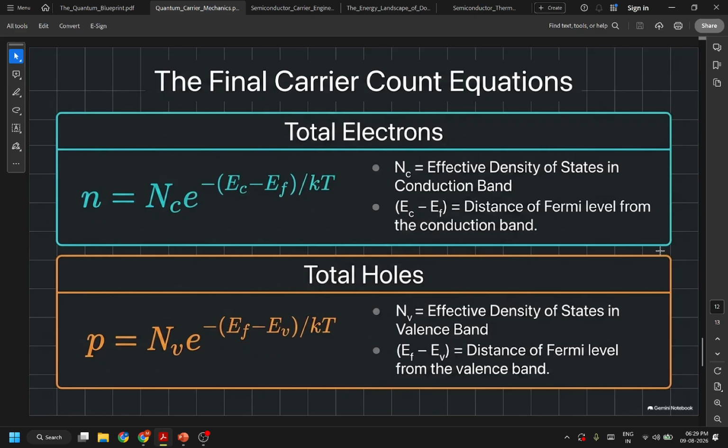Similarly, for holes, we can write p equals NV e to the power minus (EF minus EV) by kT, where NV is the effective density of states in the valence band and EF minus EV is the distance of the Fermi level from the valence band.